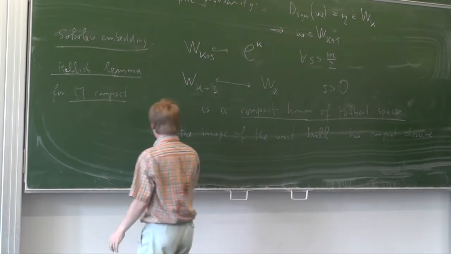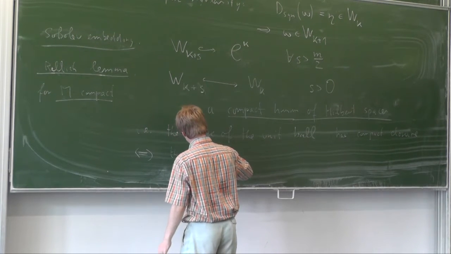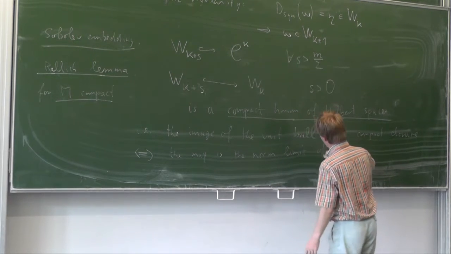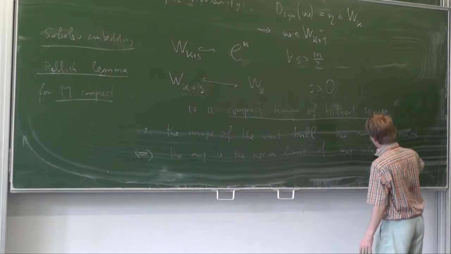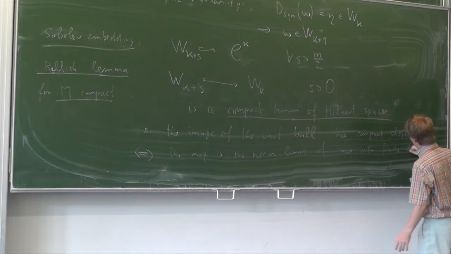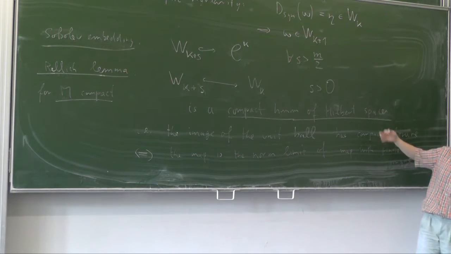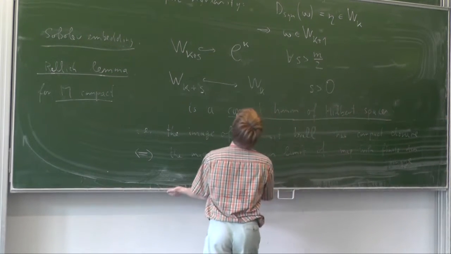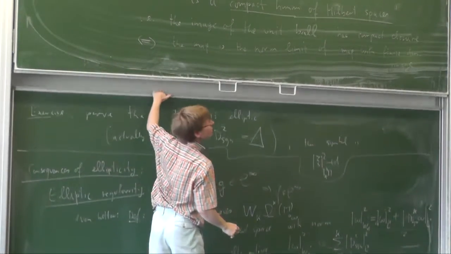Or equivalently, the map is the norm limit of other linear maps which have finite dimensional image. The finite dimensional image business is of course about the compact unit balls, and then take the limit. Okay. So that's a property we're certainly going to use.